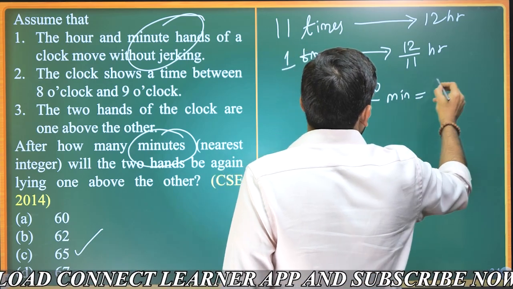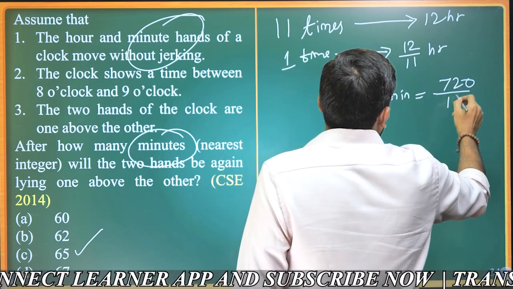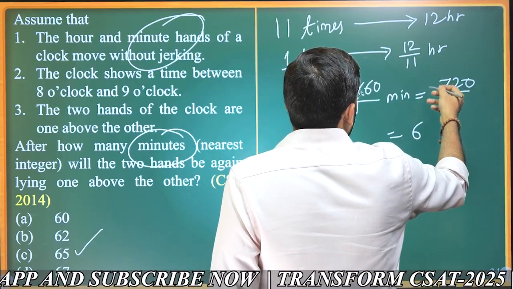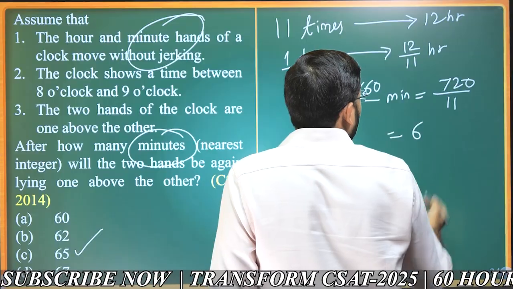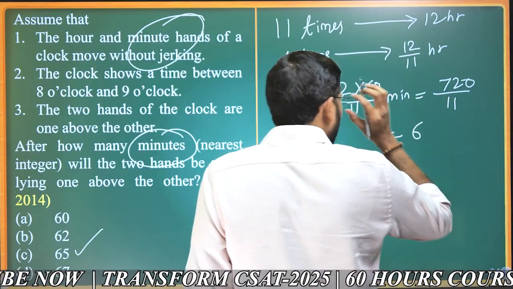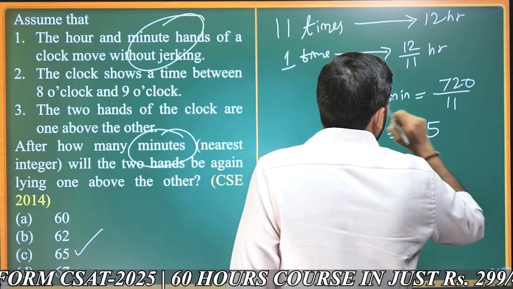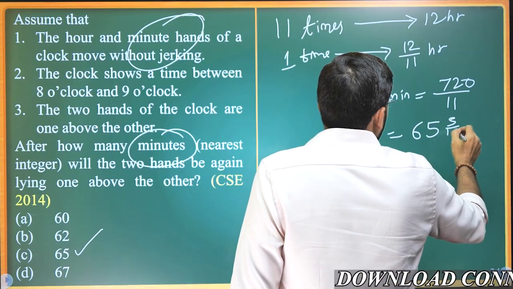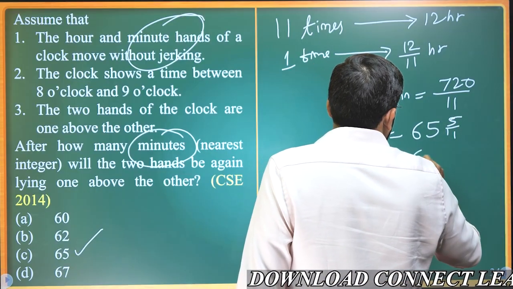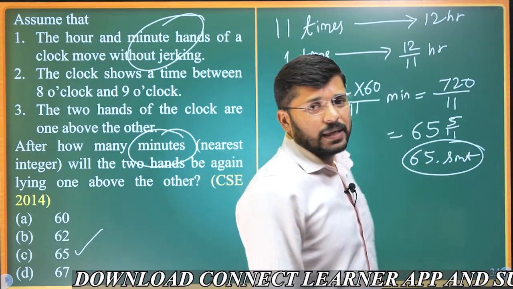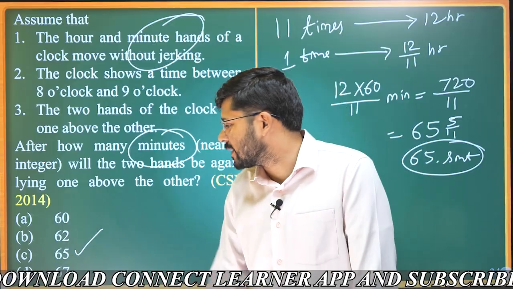What is 12 into 60? That would be 720 by 11. Now if we divide, 11 6s are 66 and you get the remainder 60. Then 11 5s are 55 and now we remain with 5 by 11. So 65 point something minutes. And that is our answer. So the nearest option is 65.